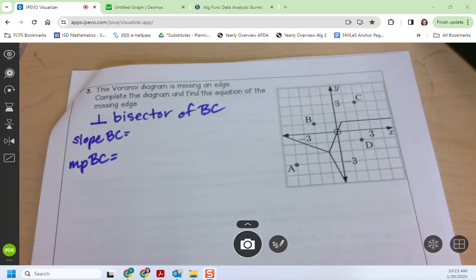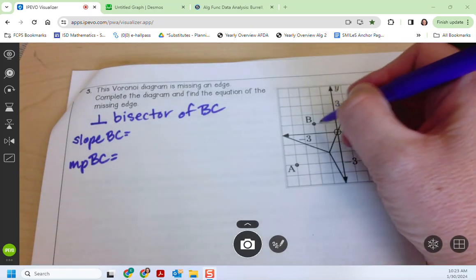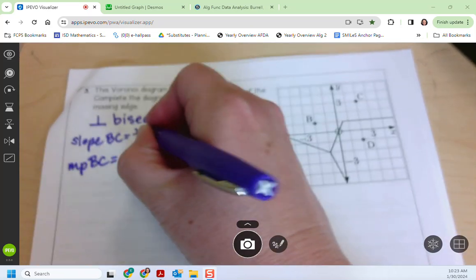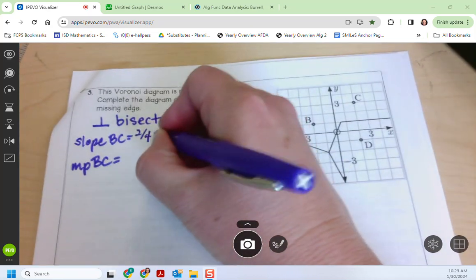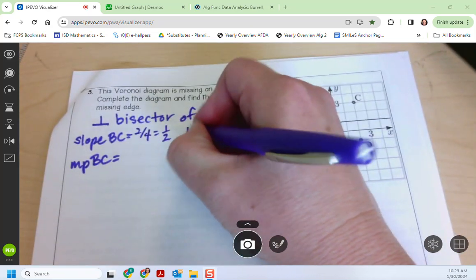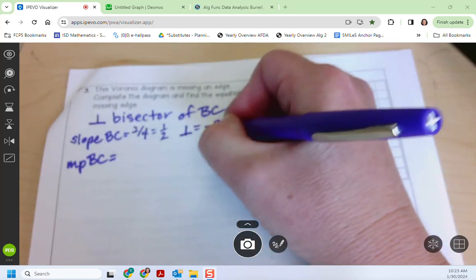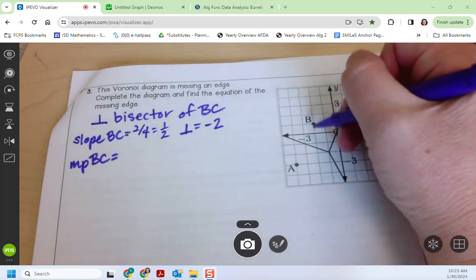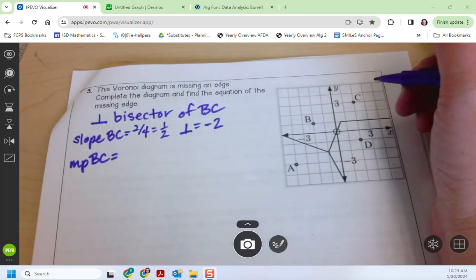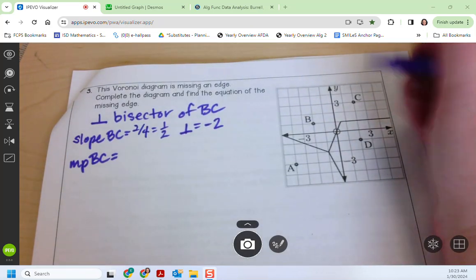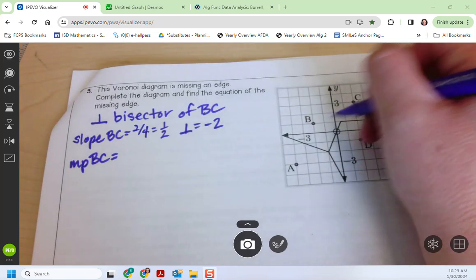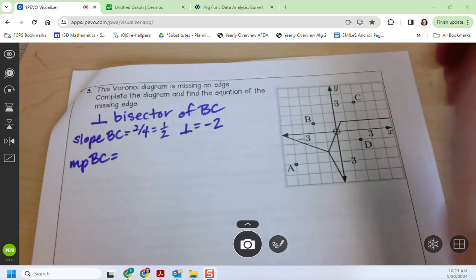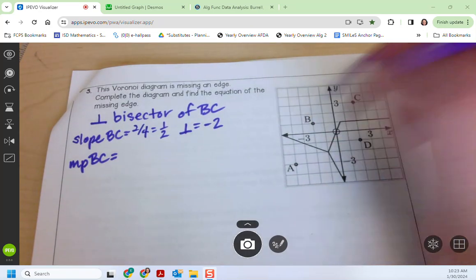Slope of BC is 1/2, right? 2/4, which is 1/2. And so my perpendicular slope is -2, the reciprocal opposite. The midpoint of BC, it didn't give me the point, so I need to either eyeball it, which is not very mathematical, definitely wouldn't give me points on a test, or average the points, so I need to actually know what the points are.